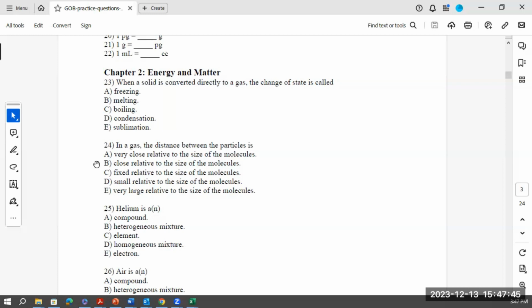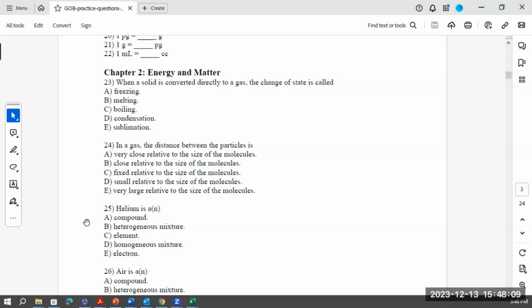Think about gases. What do we know about gases? E as in Edward, that is right. So we know that they're going to be large relative to the size because gases are going to be very, so leave me alone, don't touch me, right? I got my own space, right?